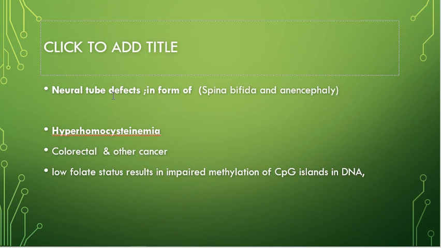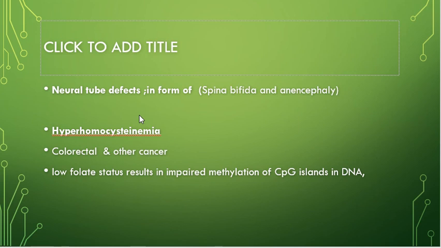The next deficiency symptom is homocystinemia. As we discussed earlier, homocysteine is converted into methionine, but when there is a deficiency of vitamin B12, then this conversion is blocked, so the level of homocysteine is raised, and it is involved in various cardiovascular diseases, and is a risk factor for atherosclerosis, thrombosis, and hypertension.